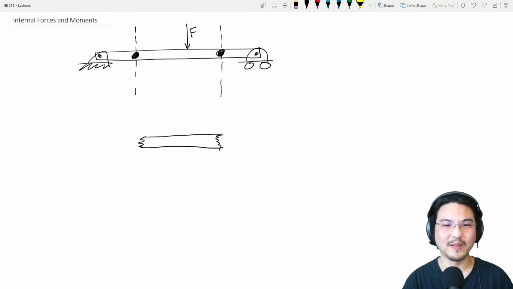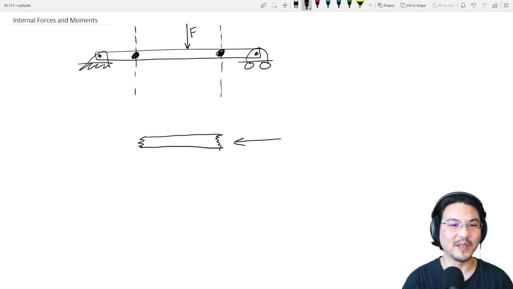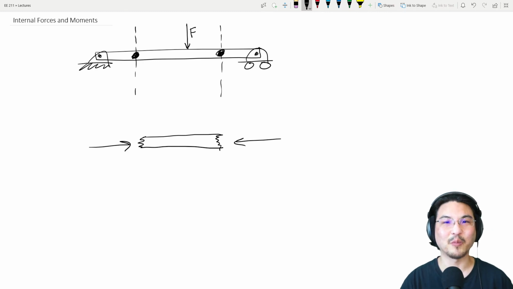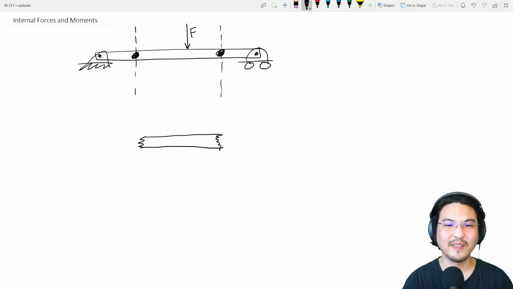So for the axial force, we could say this way is positive. That's compression: if you have a beam and you smash it, that's compression. Or the other way around, you could stretch it in tension. As a society, let's call this positive.